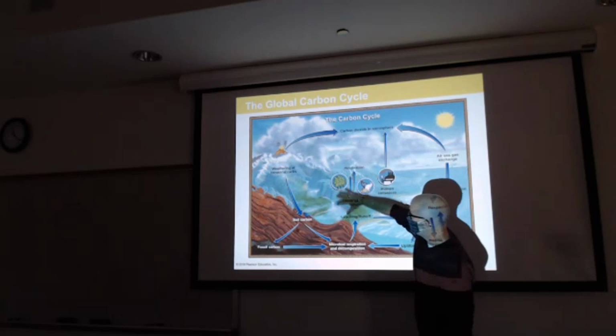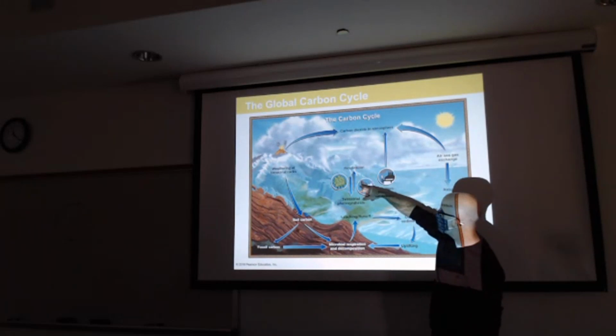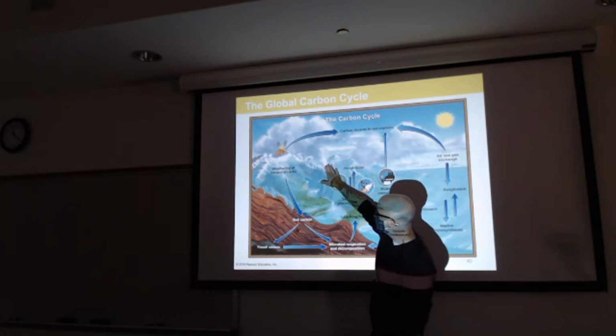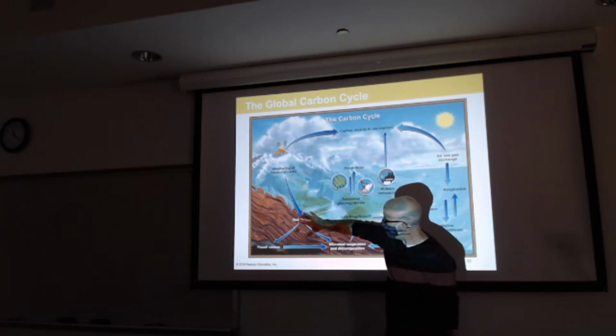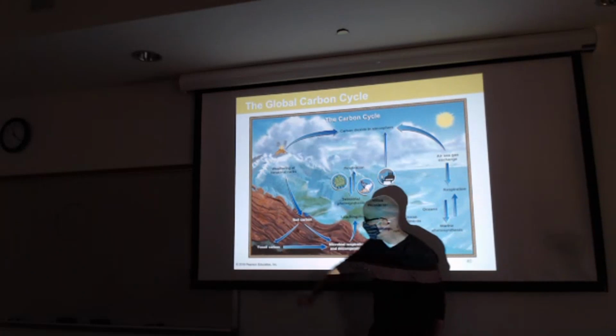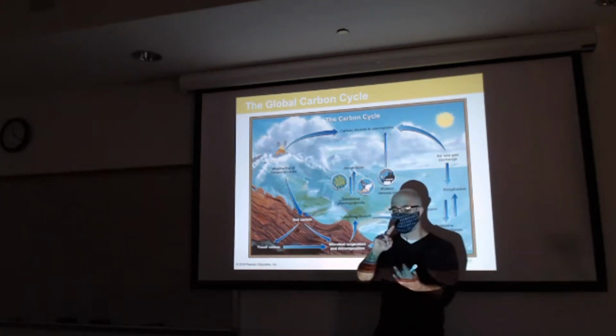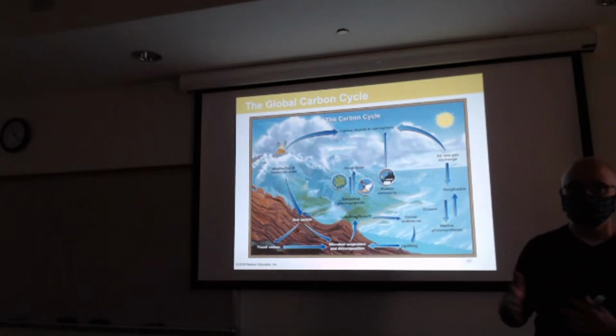So we have this transfer of carbon dioxide in living things, but then you also can have old dead things be buried and fossilized into things like coal and oil and butane and natural gas.